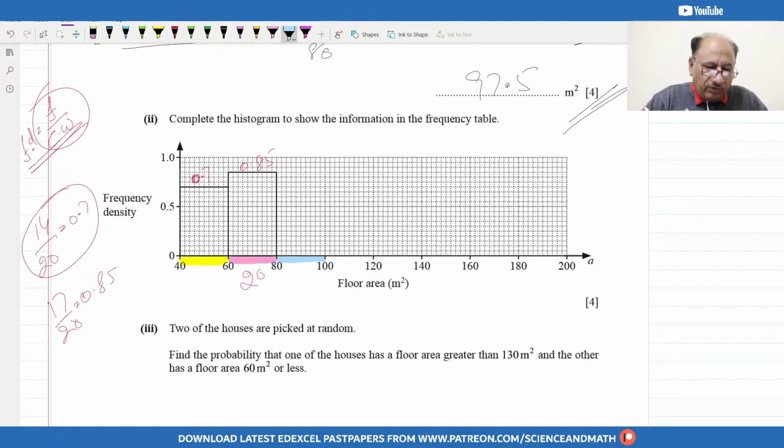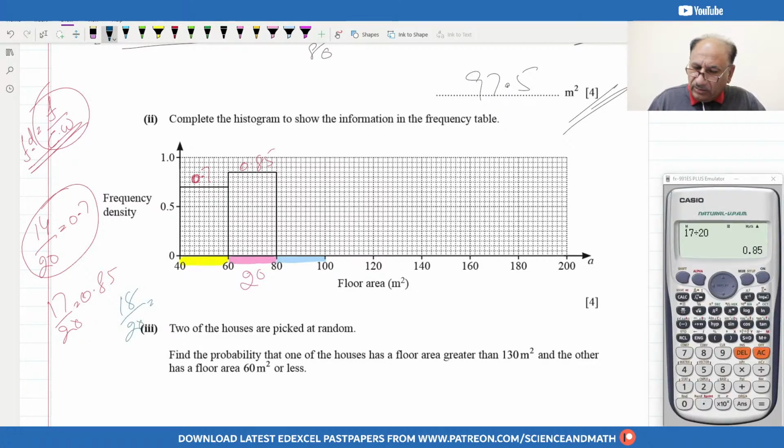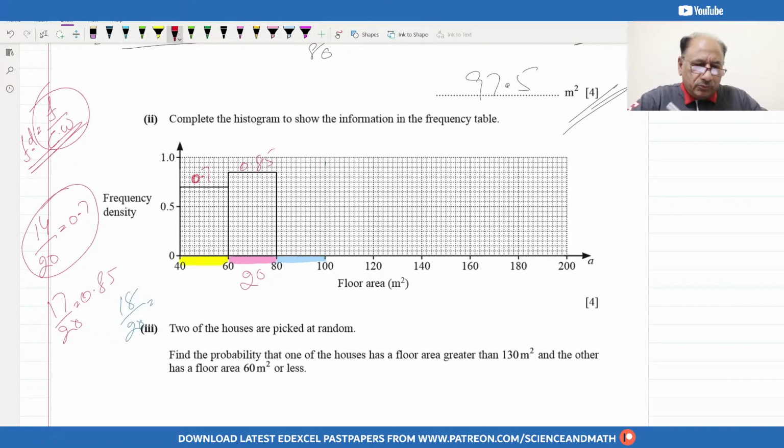So 18 divided by 20 will be 0.9. So the height should be 0.9, up to this bar. We draw this, and the histogram bar top should be closed. This is the bar we have drawn, and the height is 0.9.